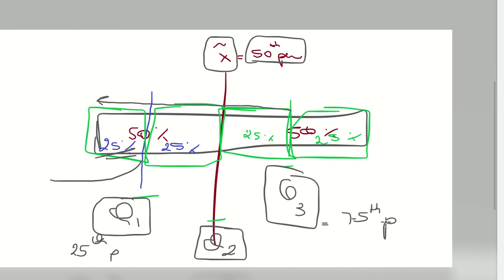Alright, so to recap, any data can be cut into 4 equal parts, 4 quarters, using 3 cuts. These 3 cuts, Q1, Q2, and Q3, are called the quartiles. Alright?